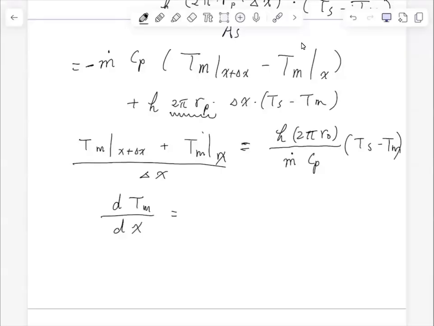So if I replace this 2 pi r as the perimeter, so that would be h perimeter, mass flow rate, specific heat, and then I have Tm minus Ts. Because I swapped the Ts and Tm in the parentheses, then I have a minus sign here. Right?